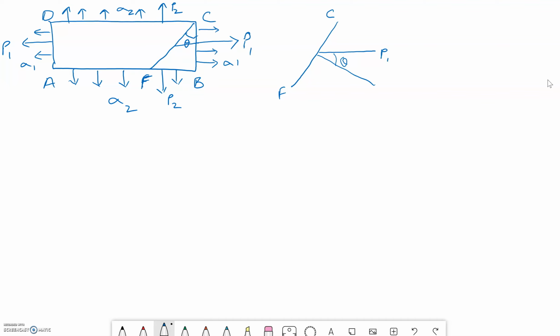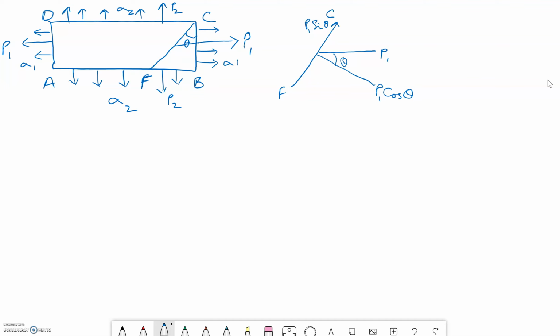And then we can resolve this into its components. This will become P1 cos theta, and this will become P1 sin theta, which will be in the direction of plane FC.